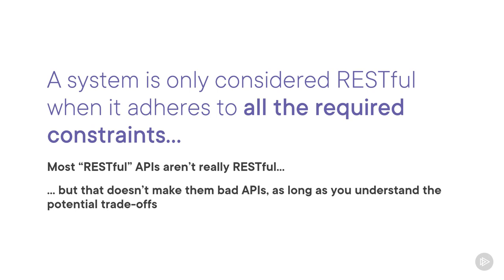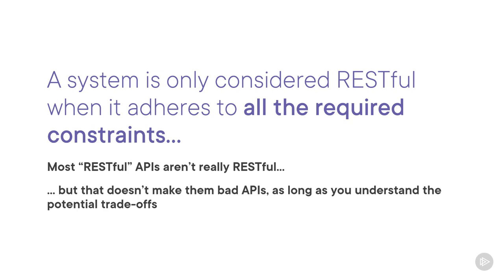It does mean that you need to know the consequences of deviating from these constraints and understand the potential trade-offs, which is what this course will help you with. It might mean that those APIs will miss out on some features, and if you're really strict, it also means that they cannot be called RESTful. I won't get into that discussion here.